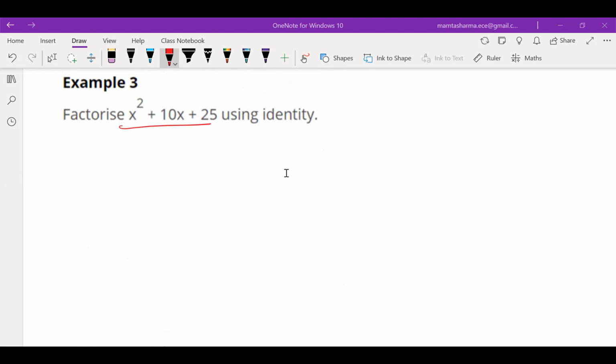x square plus 10x plus 25. First, see these first and last terms. Are they perfect squares? Yes. 25 can be expressed as 5 square. Now this middle term would be 2 into x into 5, that is 2 into a into b.